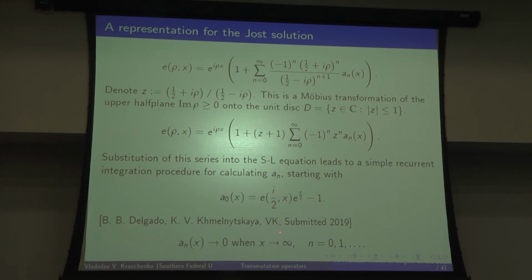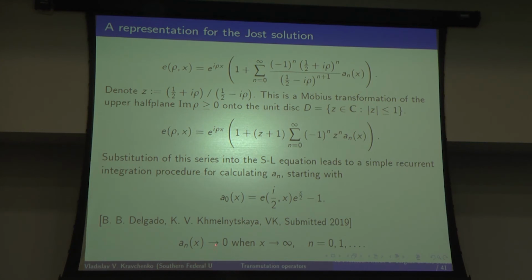So I just need to compute only one Jost solution, and all other coefficients, and all what follows, just follows from this computation. Only one Jost solution, for this value of rho, and that's it. It is from our very recent work with my colleagues, Briseida Delgado and Kira Khmelnitskaya.